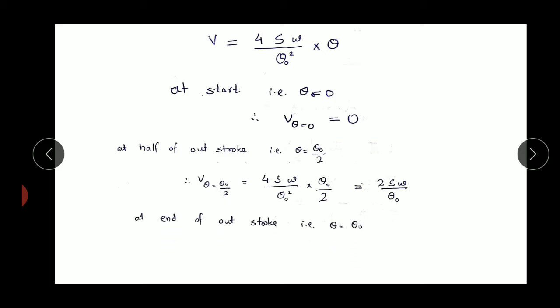Now at the end of the out stroke, even though you can put theta O over here, we will get 4s omega upon theta O, but at the end of out stroke, we already know that there is the start of the dwell part. That means at the start of the dwell phase, the velocity is 0, means at the end of out stroke velocity must be 0.